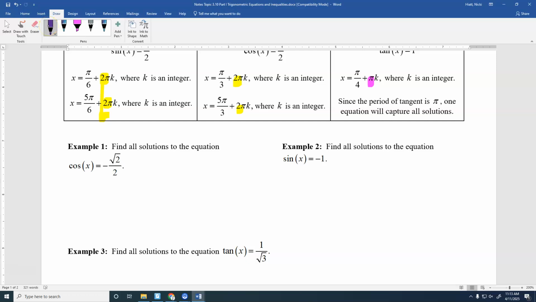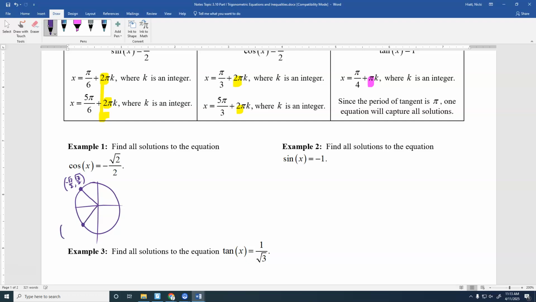So if I'm thinking about cosine of x equals negative root 2 over 2, right? I'm just thinking on my unit circle, where does cosine equal negative root 2 over 2? On that unit circle, cosine is your x coordinate, and so it's going to happen right here. You'll have negative root 2 over 2 and positive root 2 over 2. And it's also going to happen in that third quadrant right there.